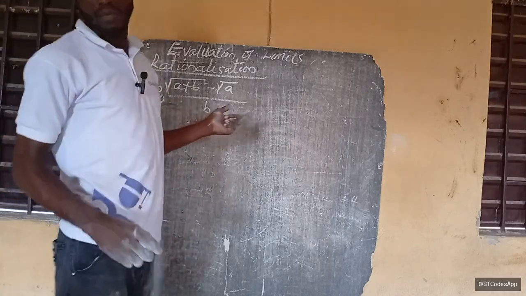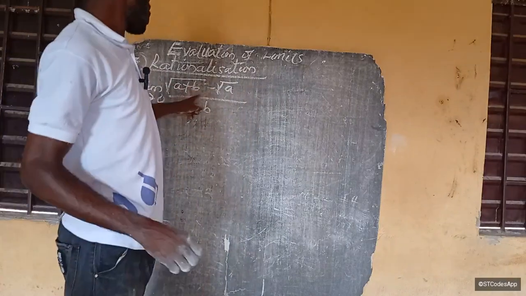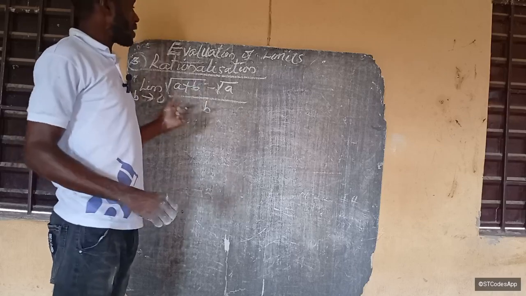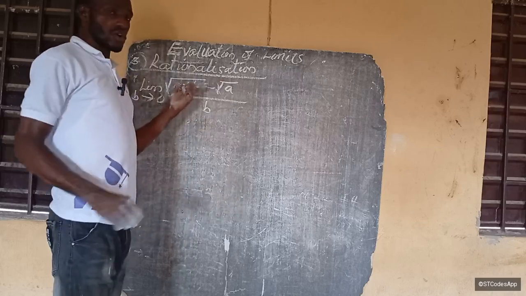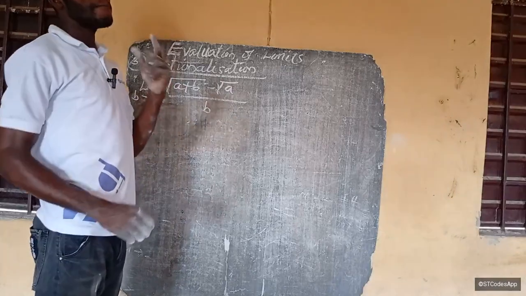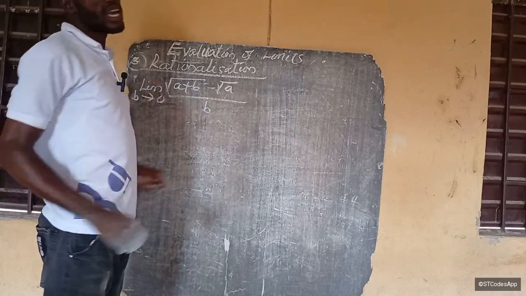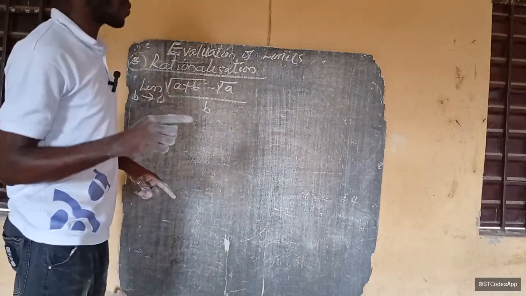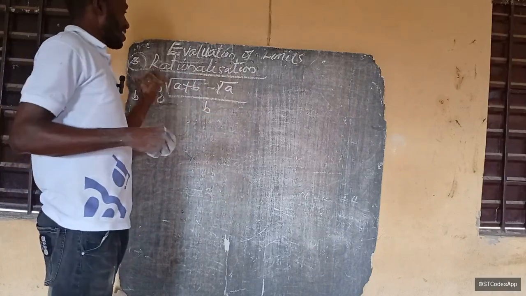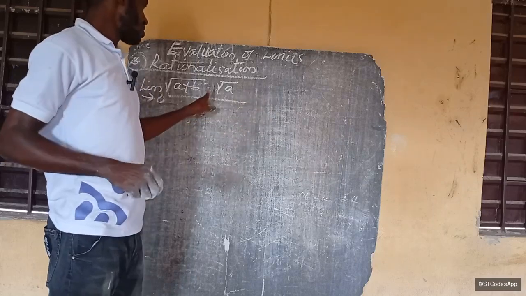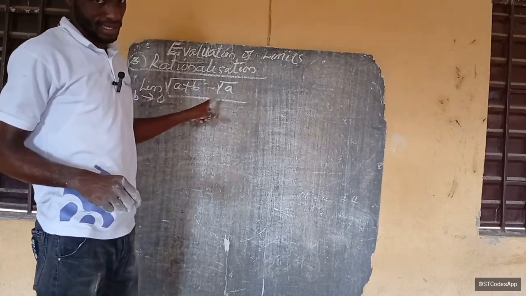You will multiply, it's minus, not plus. You rationalize by multiplying both the numerator and the denominator by the conjugate of this irrational expression, and the conjugate will be an expression that has the same values here but different signs.